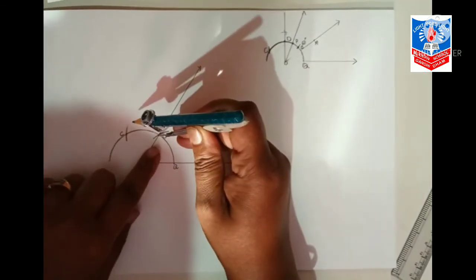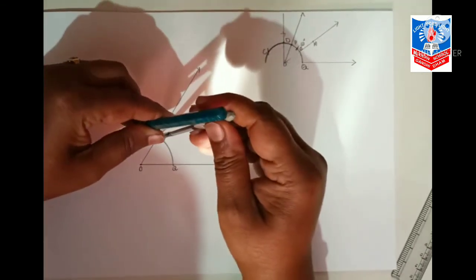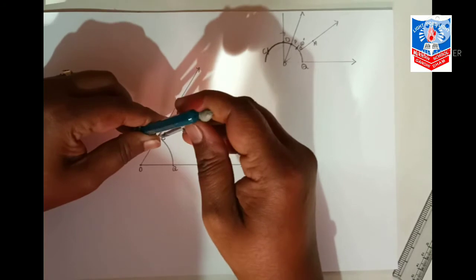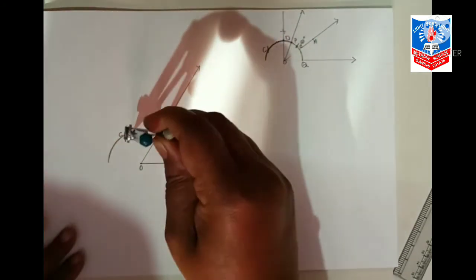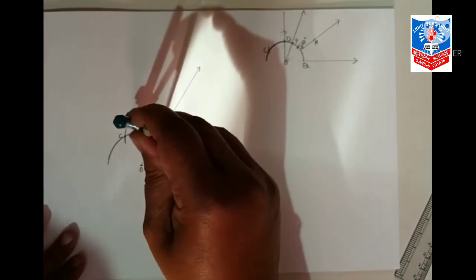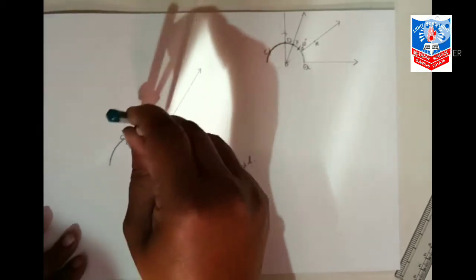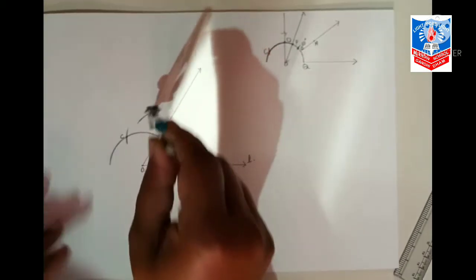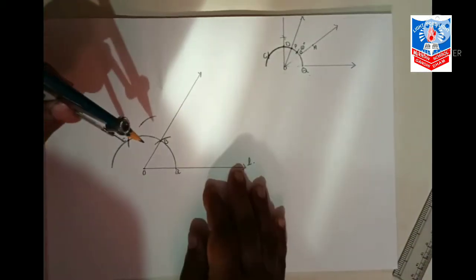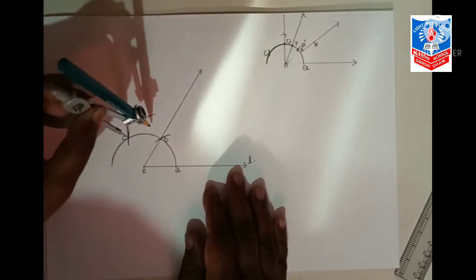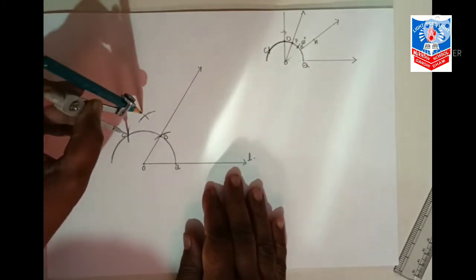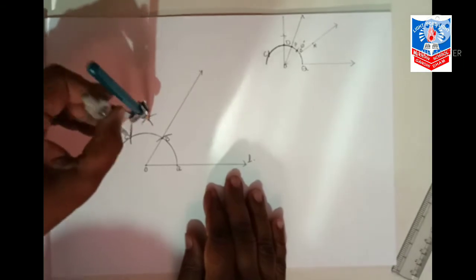Now with center B and radius more than half, like this way, draw an arc here, and with center C, cut this arc like this way.